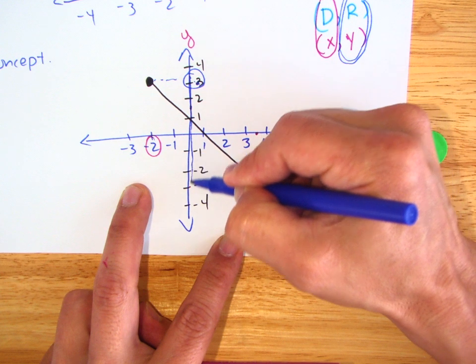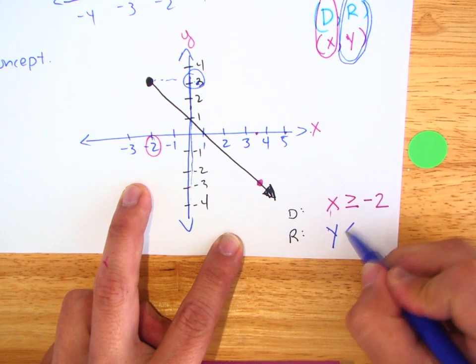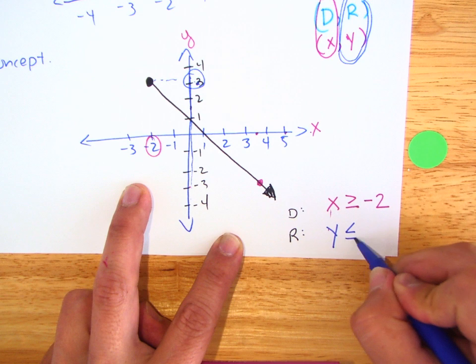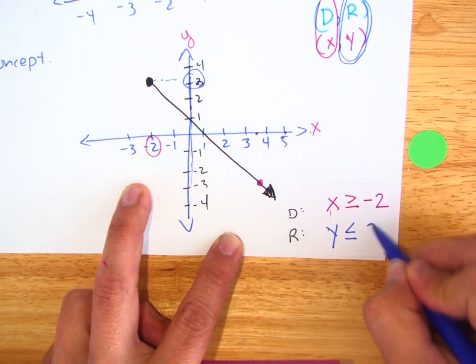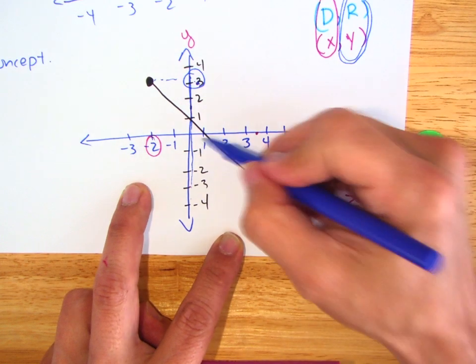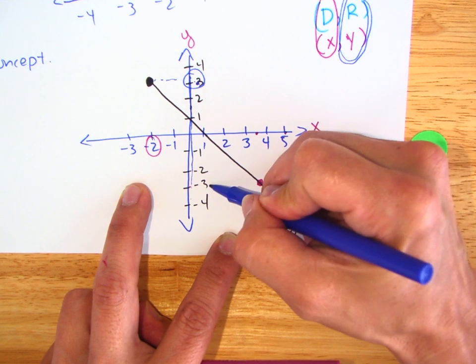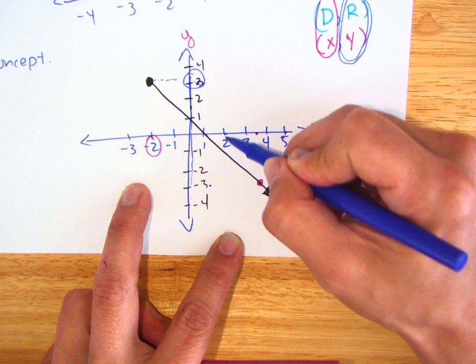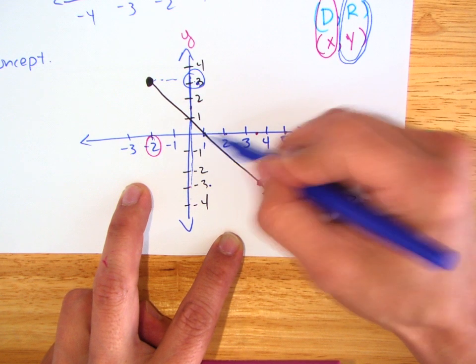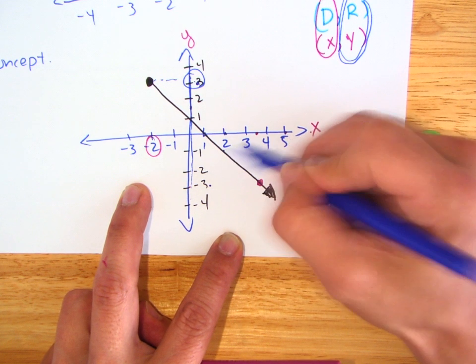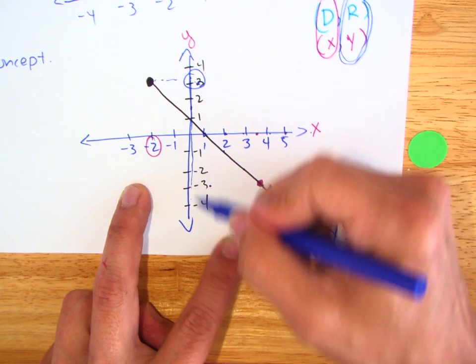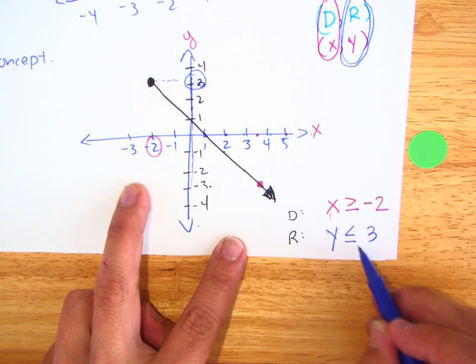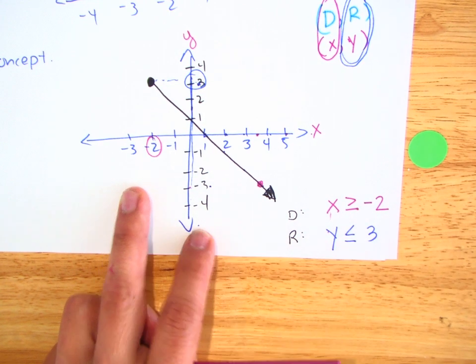Yeah, they're getting smaller, so it's less than or equal to 3, right? Because look, right here we're going to use 1 comma -3, 2 comma 1, comma 0, 2 comma -1, 3 comma -2, 4 comma. So you're going to use all these y's, and they're going to be smaller than 3, all right? So that's it.